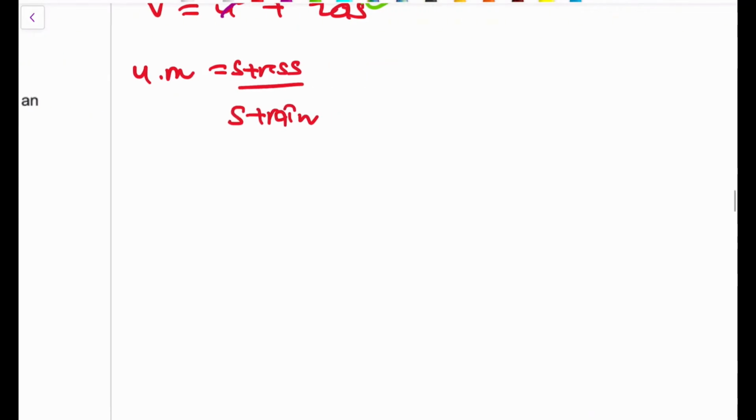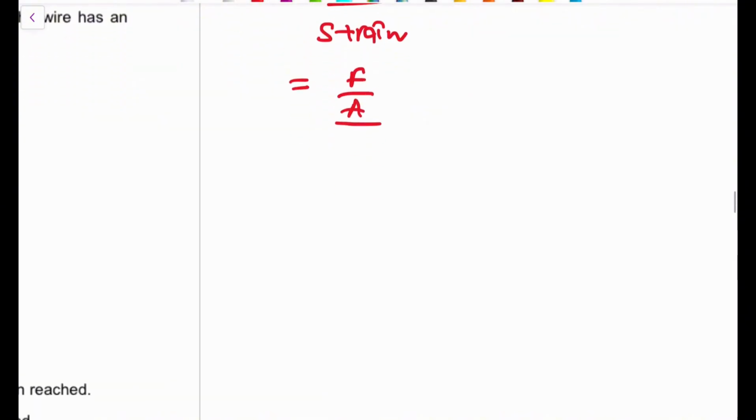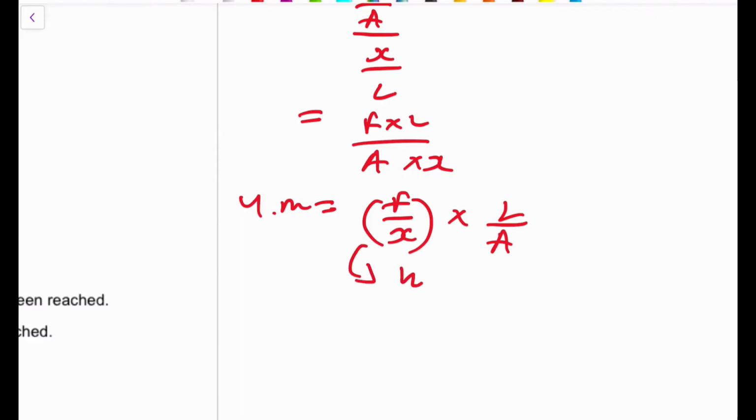Stress is force over area, and strain is the extension per unit length. That gives force multiplied by the length, divided by the area multiplied by the extension. So my Young modulus is F divided by x, multiplied by L divided by A.